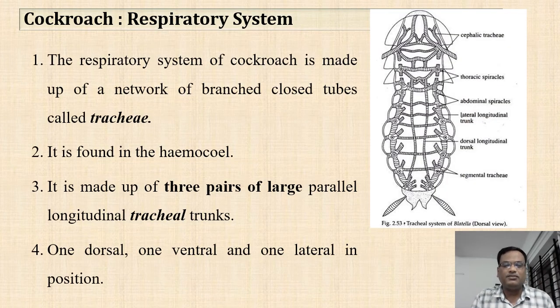The respiratory system of cockroach is made up of a network of branched closed tubes called trachea. So this picture shows the network of branched tubes which is filled with air. Now that is the important point which we need to remember.